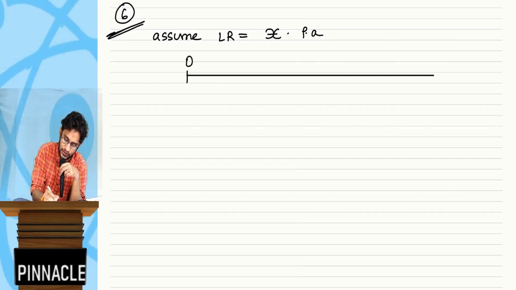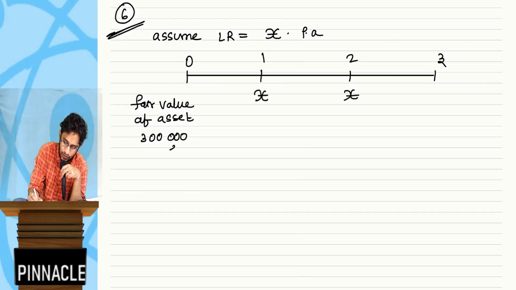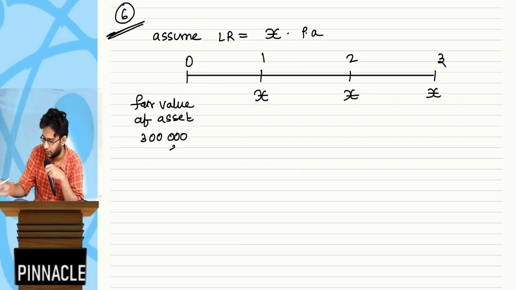How many years lease is this? 3 years. As on today, did they give you the fair value of the asset? How much is that? 3 lakhs. Nice. Here I will get some lease rent. Here I will get some lease rent. This is some lease rent. Lastly, GRV, UGRV, did they give you anything?